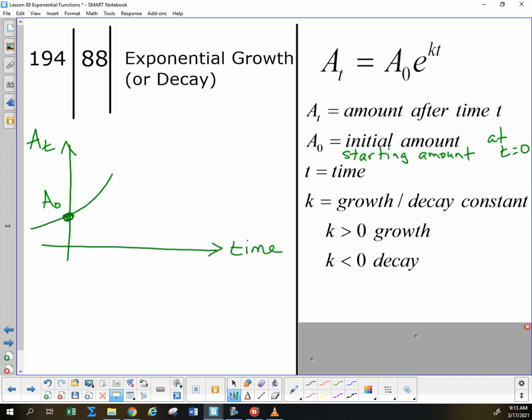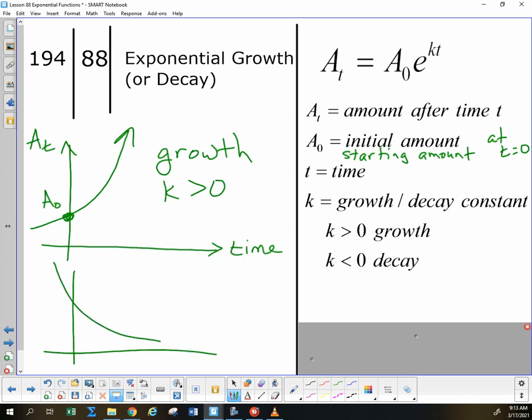So if it is growth, it is doing like this, and k is something that is bigger than 0. If it is decay, this is still our amount at time 0. This is still our time. The y-intercept is still whatever the amount at time 0 is, and we could actually write a number in there. This is decay, and k is less than 0. So everybody okay with that?